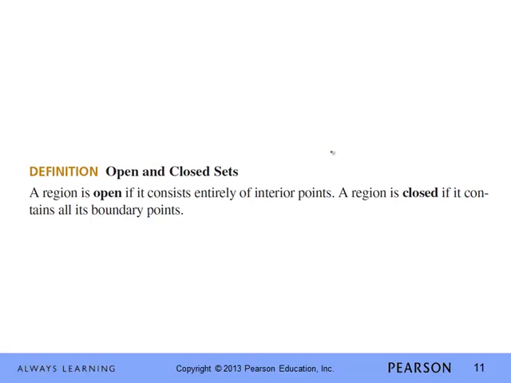Not all sets are open, not all sets are closed. In fact, many sets are neither open nor closed. But you won't have any sets that are both open and closed. Now, a region is open if it consists entirely of interior points.